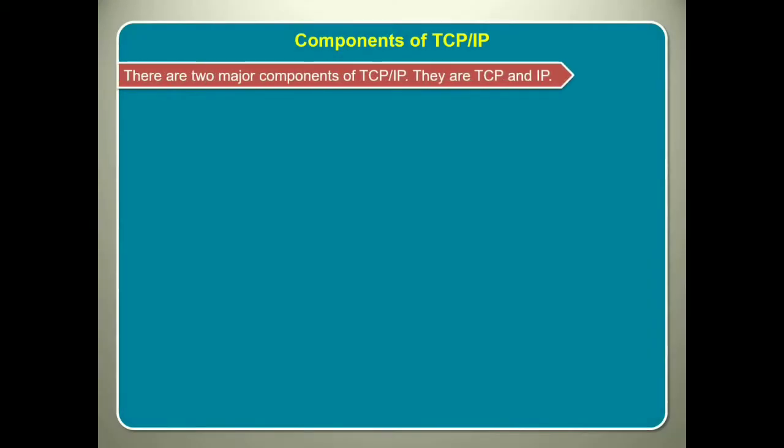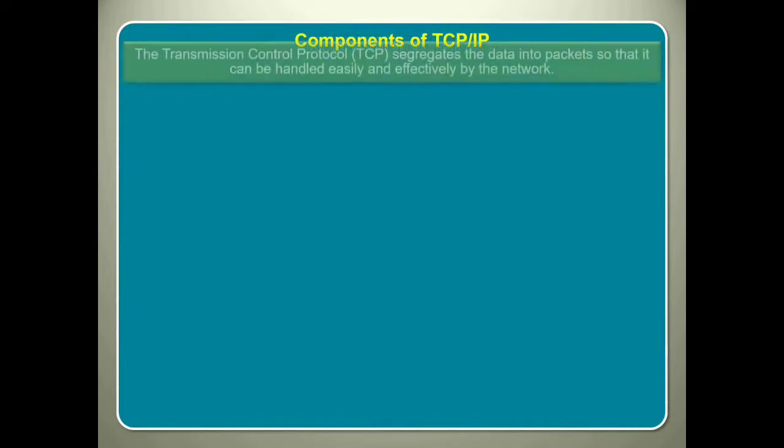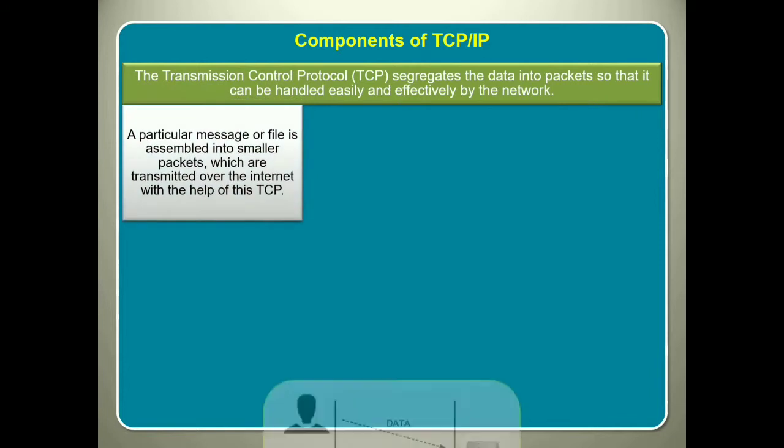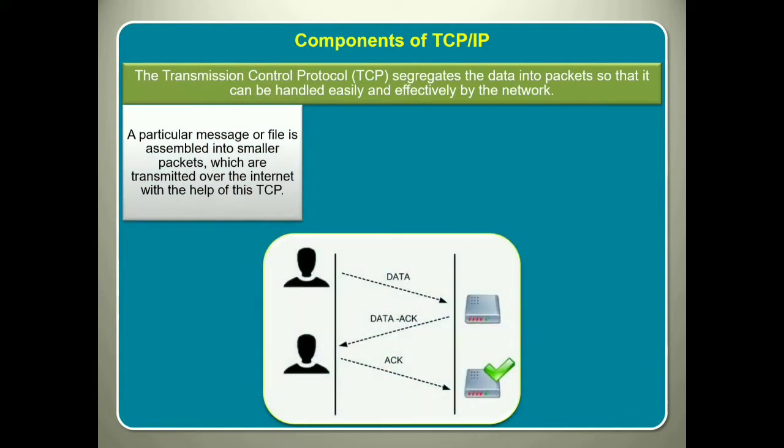There are two major components of TCP/IP. They are TCP and IP. The Transmission Control Protocol, or TCP, segregates the data into packets so that it can be handled easily and effectively by the network. A particular message or file is assembled into smaller packets which are transmitted over the Internet with the help of TCP.